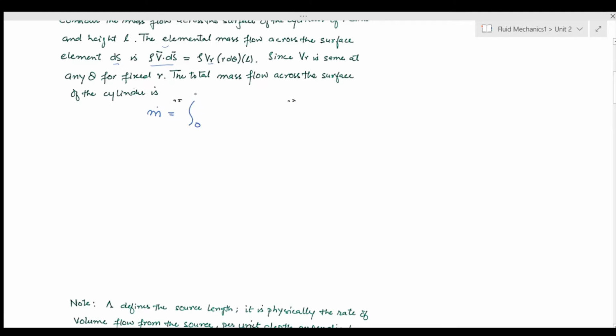I just need to integrate over its entirety, that is 0 to 2 pi, of rho vr r d theta times L, and this would finally come out to be 2 pi r L rho vr.